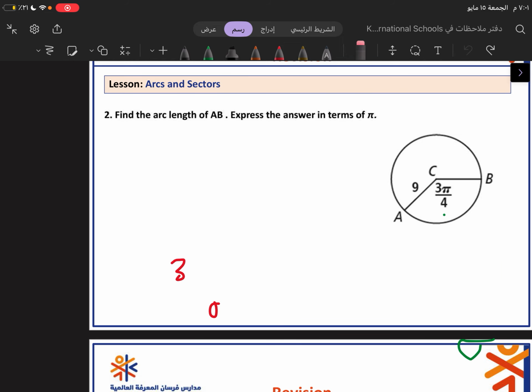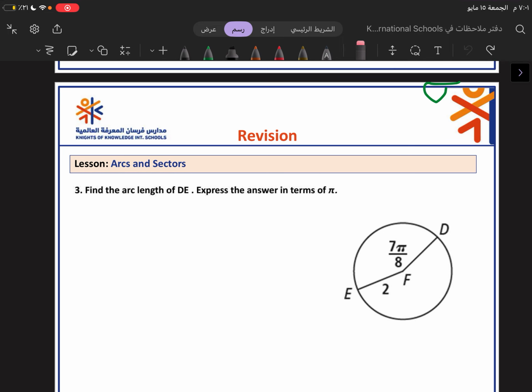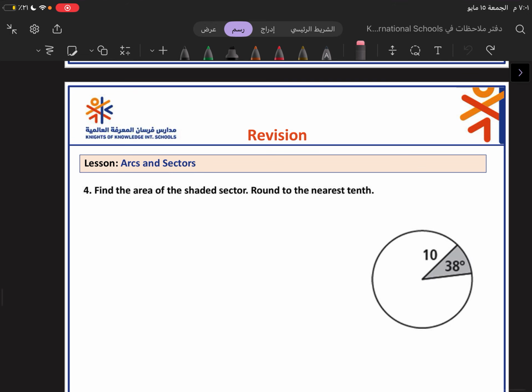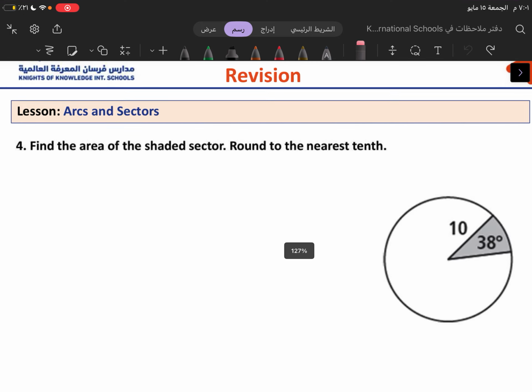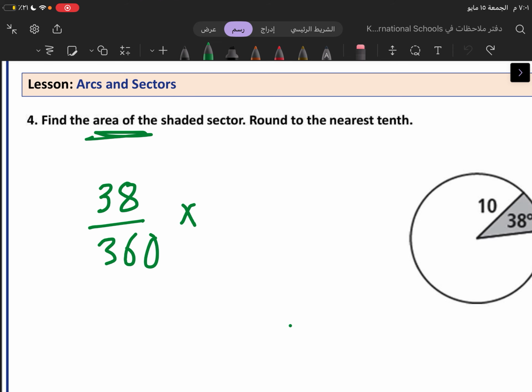Okay, now the second part here, you ask me to find the area. Area means I have to use pi r square. So directly, the law for the area of the shaded sector is 338 over 360. And what is the area of any circle in the world?